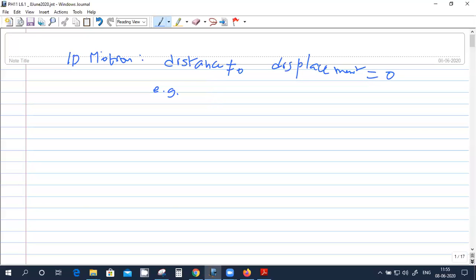Okay, but 1D motion, right? For 1D motion, it is going from point X to point Y and then coming back to point X. Another thing is the ball thrown vertically upwards and then coming down.